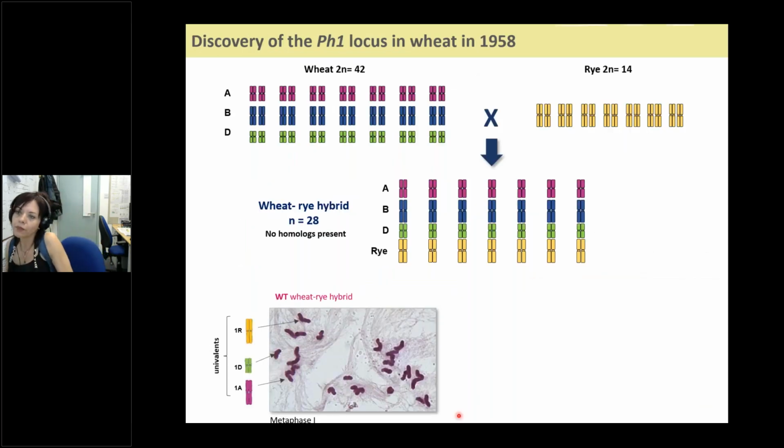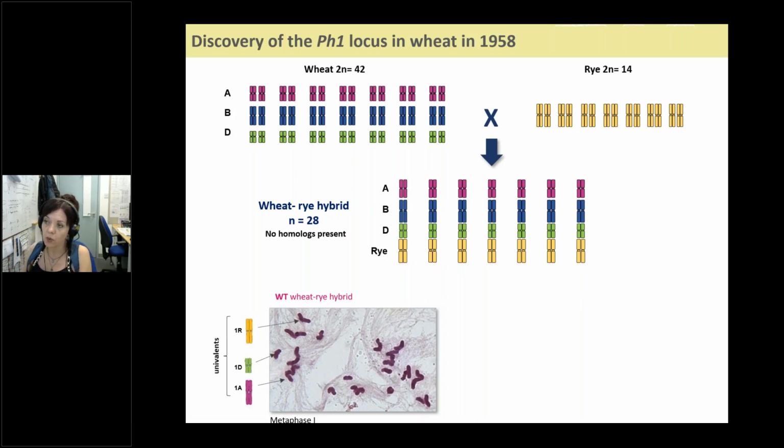Okay, so moving now into the Ph1 locus, I will introduce it with a very clear example. We can cross wheat with rye and get a wheat-rye hybrid. And this hybrid will contain a haploid set of 21 wheat chromosomes and 7 rye chromosomes. So in total, 28 related chromosomes, but there are no homologs present. So at metaphase 1, as you can see, there is no crossover formation.